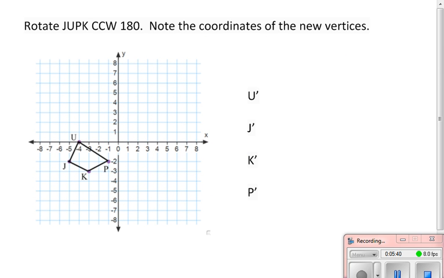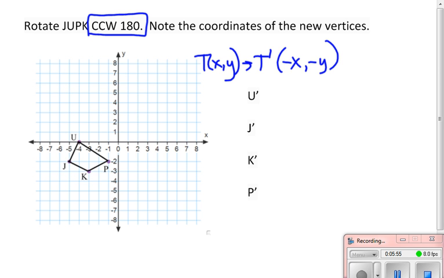If I want to rotate a figure counterclockwise 180, which is the same as clockwise, our rule is take your original and we're going to do the opposite signs in the same position of our x and our y. So U is at (-4, 0).